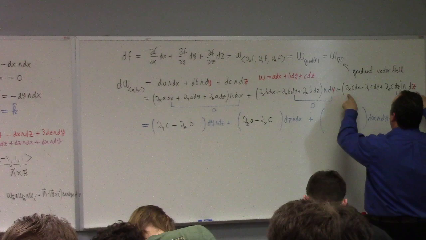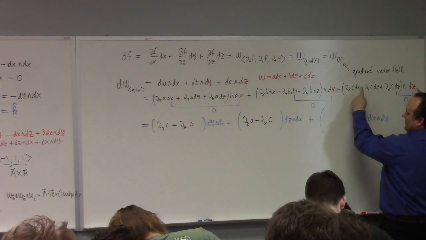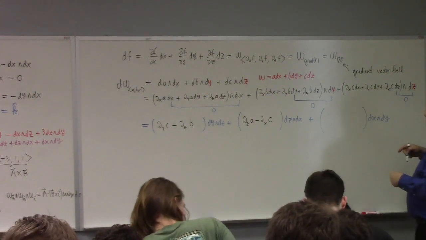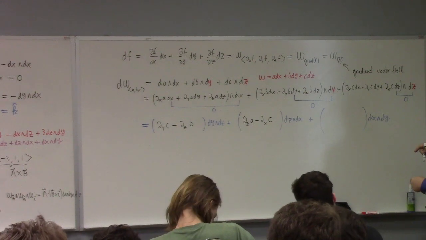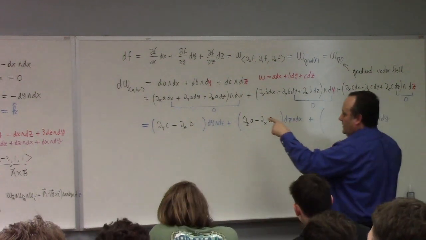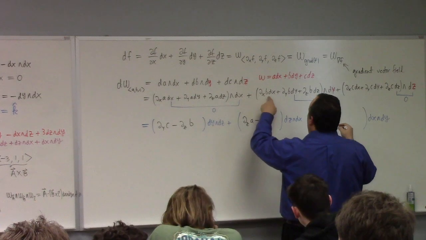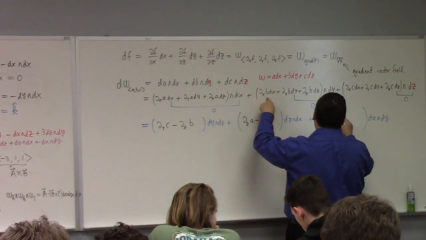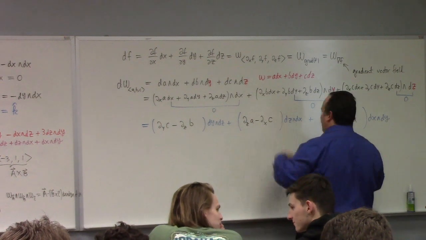Partial xc over here, but I got a dx wedge dz, but I have to flip it so I get a minus. And let's see, xy, I have partial xb minus partial ya.